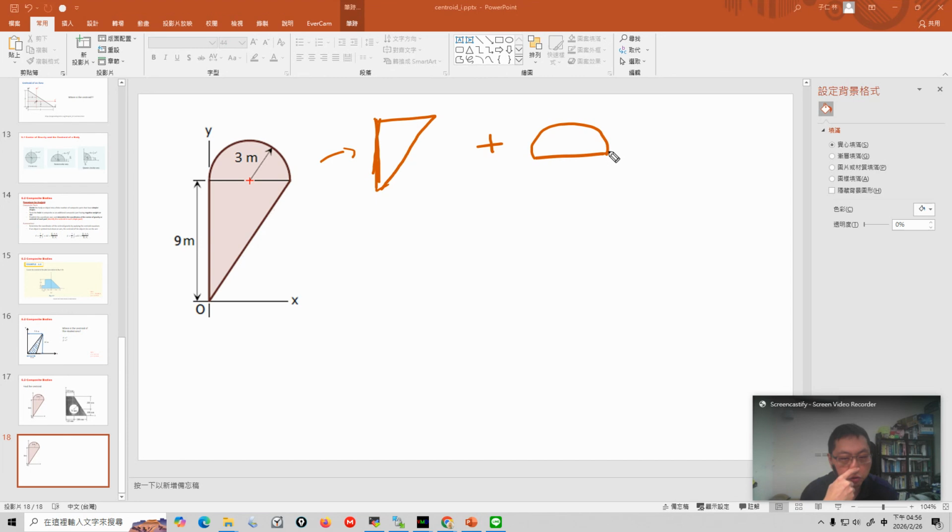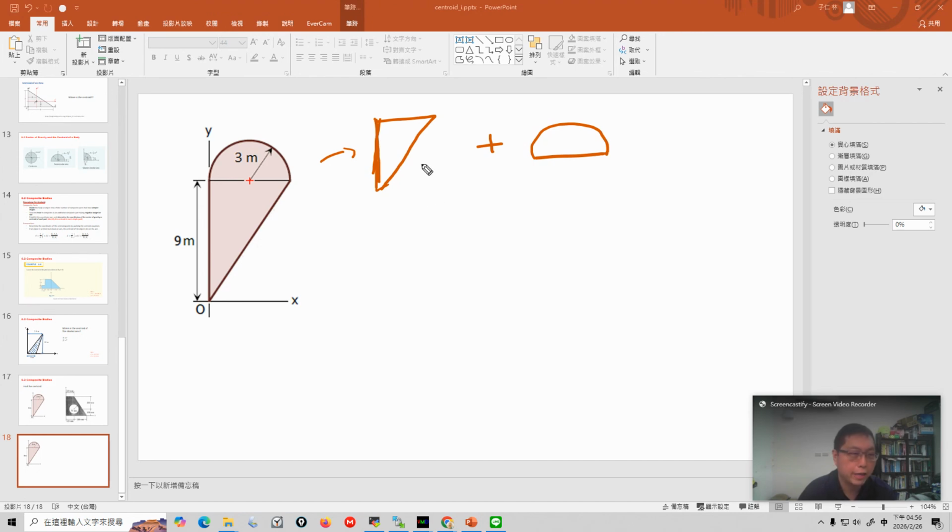That's the first step for the calculation of the centroid of a composite area: treat the complex shape as a combination of simple shapes. In this problem, a right triangle and a semicircle.